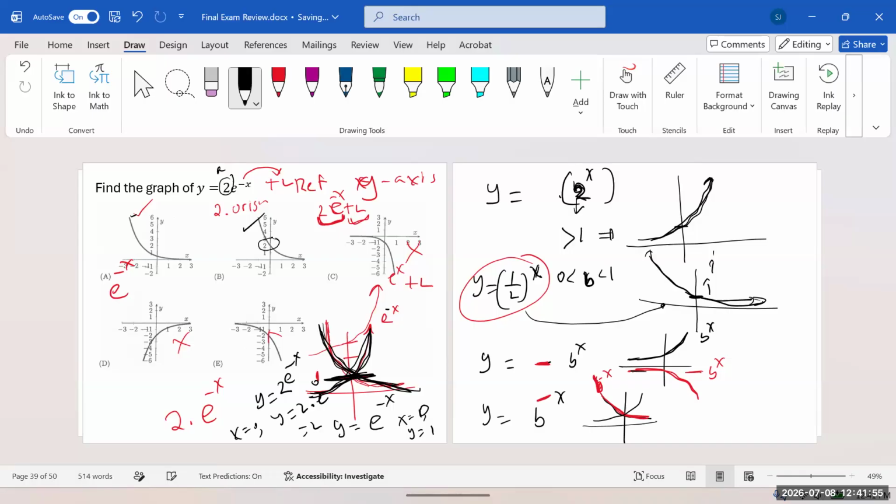So it has to be here. When X is 0, what's the Y value? That's what you look at. Y is 2 times 1, because anything to the power of 0 is 1. So Y must be 2. But this Y is 1.